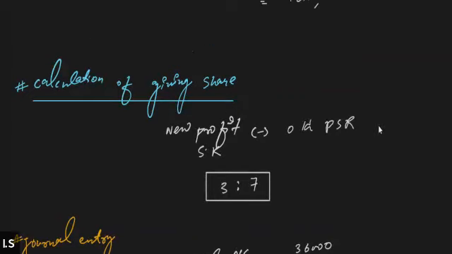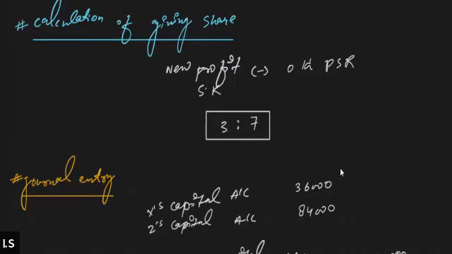Gaining partners' accounts will be debited to the outgoing, the dying partner. When you calculate the gaining share, you will get 3:7. And then we will pass the general entry: X capital account, Z capital account to Y capital account, right? Aman? Yes, sir. Good job.